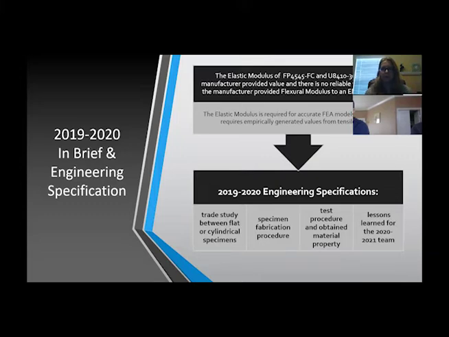Due to the COVID situation, we changed the requirements from actually obtaining the Young's modulus to just providing a testing procedure and specimen manufacture procedure, as well as requirements or recommendations for the next team to continue this process.